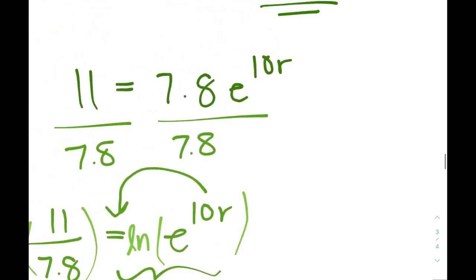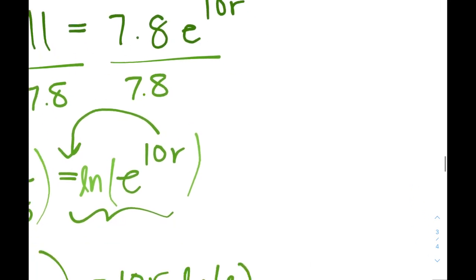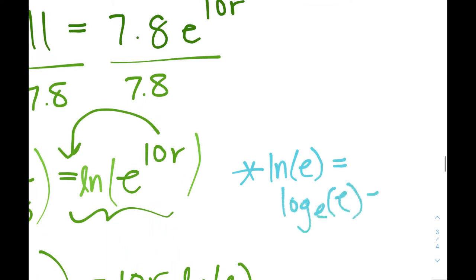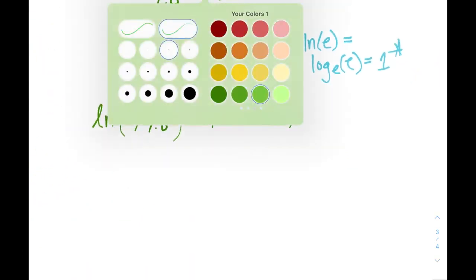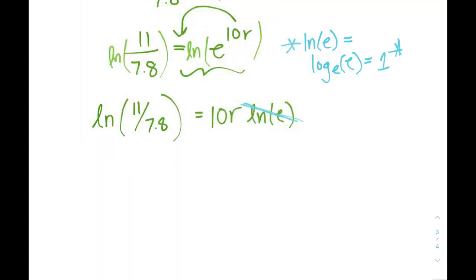Well, now that this term has a log on it, we can use the power property to bring the exponent down. So we bring that exponent down, we've got 10r natural log of e, and here's where it becomes helpful, because the natural log of e is really log base e of e, which is 1. So natural log of e goes away because multiplying by 1 doesn't change anything. So we can just get rid of it. So now we've got natural log of 11 over 7.8 equals 10r.